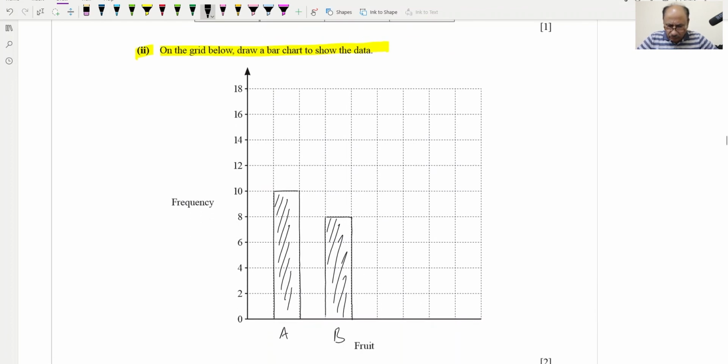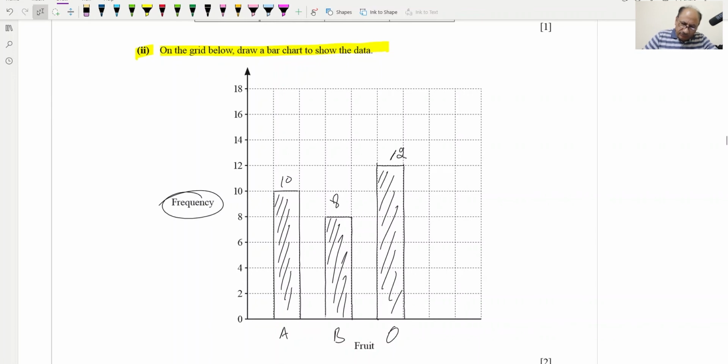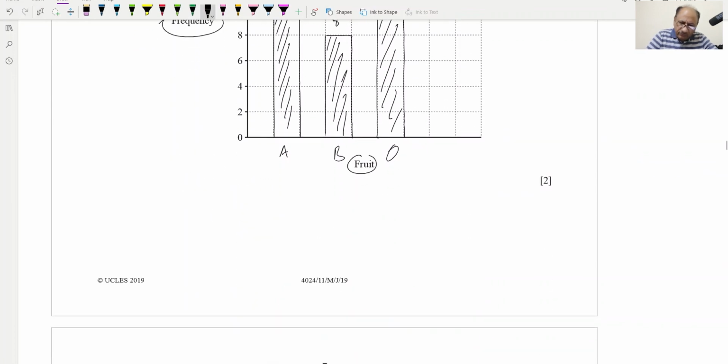So 12 oranges will be up to this one, and we can draw like this, and over here as well. And this is the height: this is 10, this one is 8, and this is 12. So this is done. This side is basically frequency, and this is fruit.